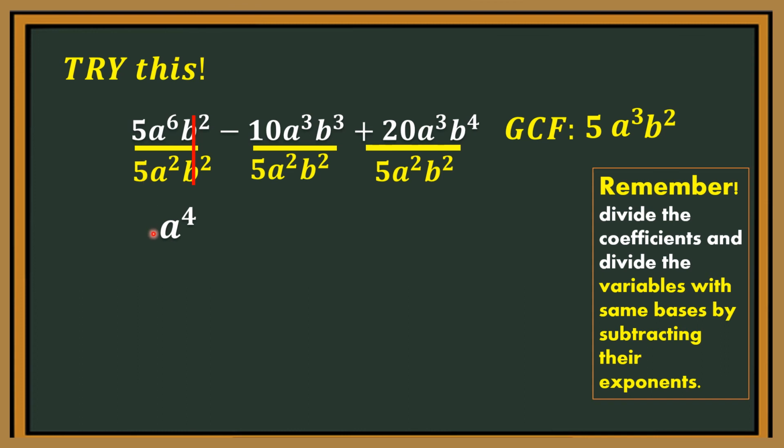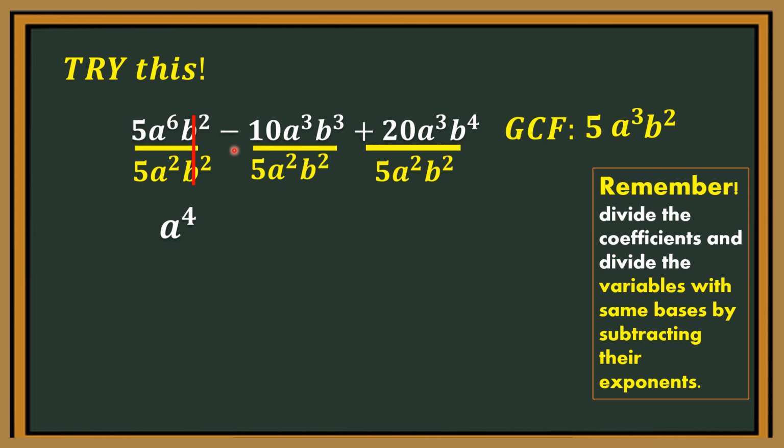If you're going to multiply it by a raised to the fourth power, the answer is also a raised to the fourth power. And same thing here, b squared divided by b squared, that is 1. So if you're going to multiply it by a to the fourth, the answer is a to the fourth.